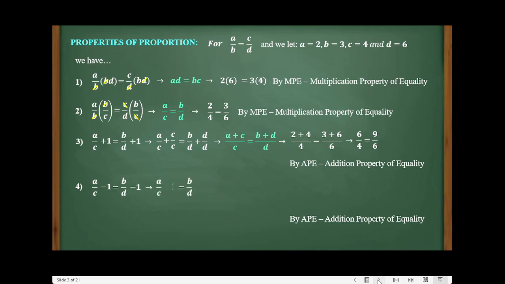From number 4, the equation becomes A minus C all over C is equal to B minus D all over D. Validating the equation, it will give us -2/4, which is equal to -3/6, which means that these two are equivalent. So the equation is also validated.